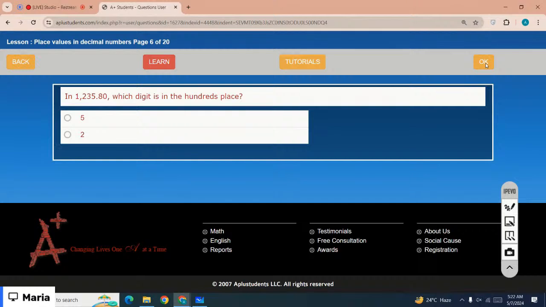Hundreds place is 2. 2 is at the hundreds position. The correct option is 2.